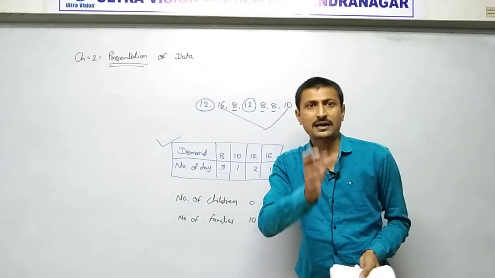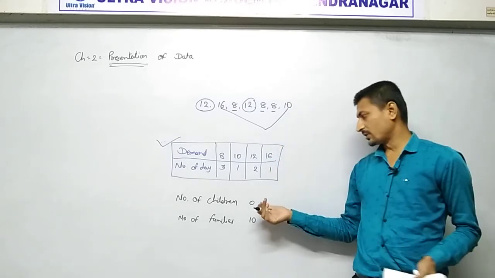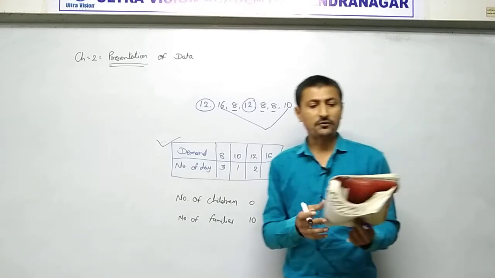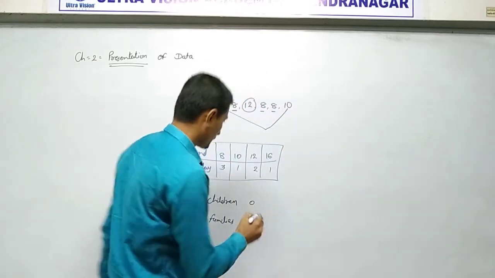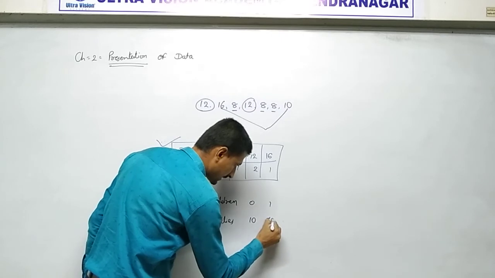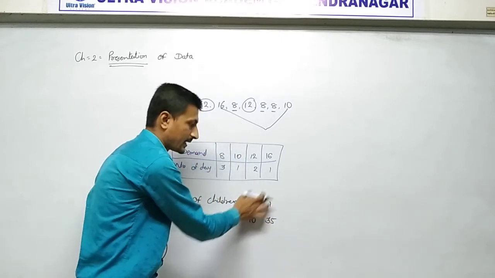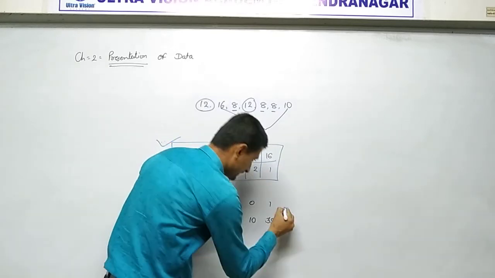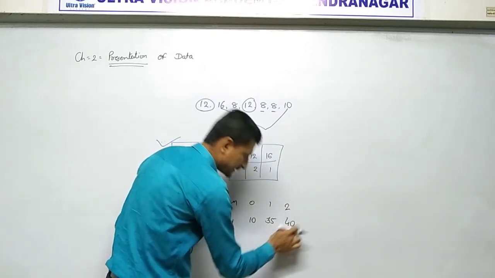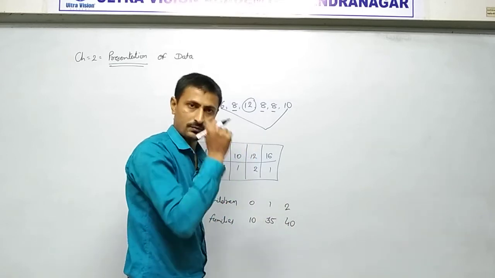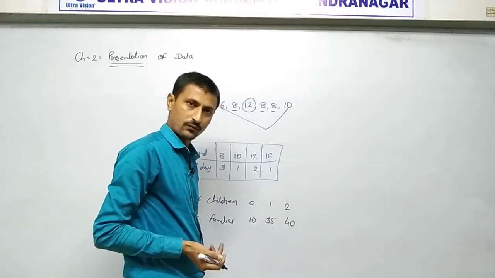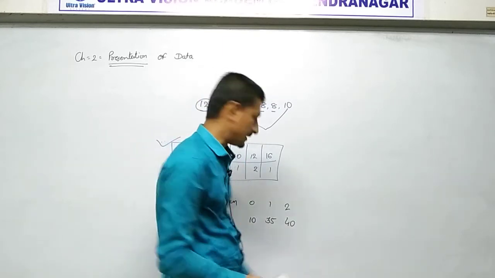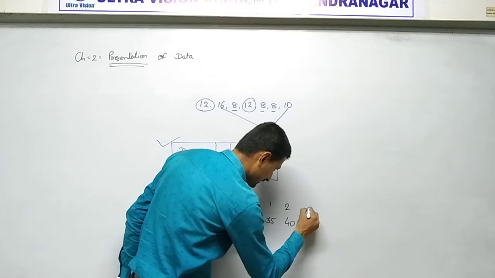After classifying in a short and attractive manner, 10 families have no children. 35 families have one child. 40 families have 2 children. 15 families have 3 children.